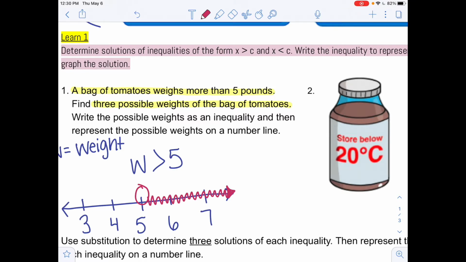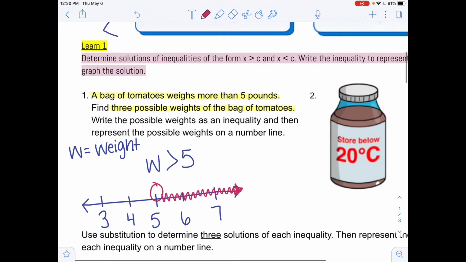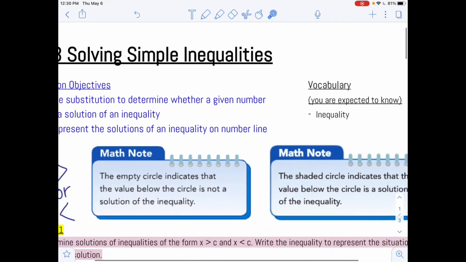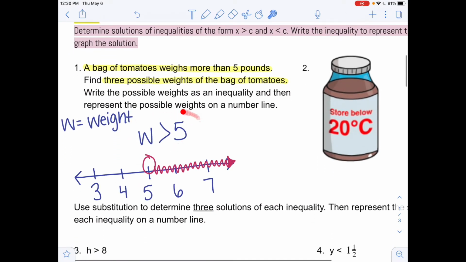So that could be 6, that could be 7, that could be 100, really anything greater than 5. It would not include 5, it just has to be greater than 5. And that is what we would write down for problem number 1. We've written our inequality, and then we have our graph.